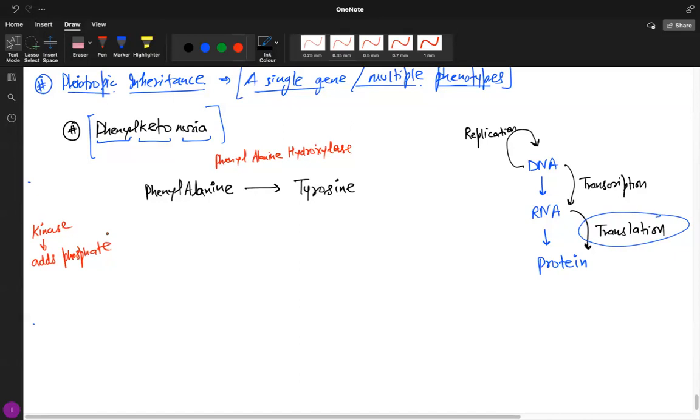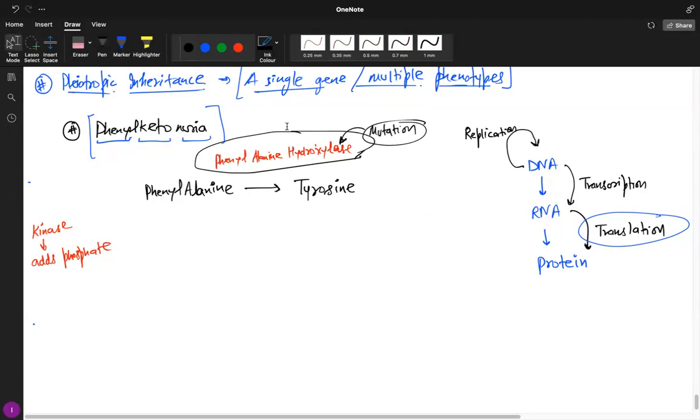Perfect. So this phenylalanine hydroxylase converts phenylalanine into tyrosine. And in phenylketonuria, this enzyme is mutated. After a mutation this enzyme can no longer function.